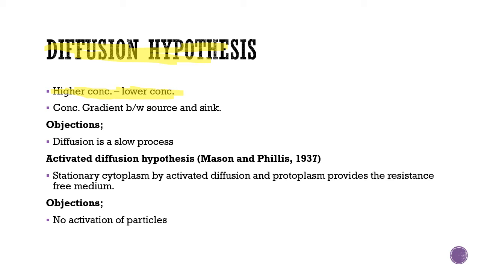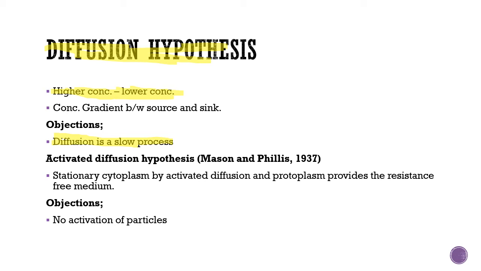But this hypothesis doesn't have any relevance at this point of time, as diffusion is a slow process. As I told earlier, the translocation or the movement of water or food particles would be rapid. So as diffusion is a slow process, it can't account for the rapidness of the translocation process.